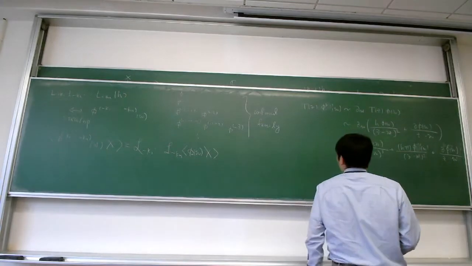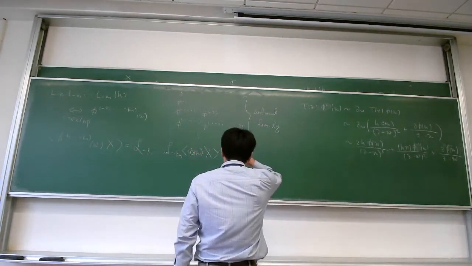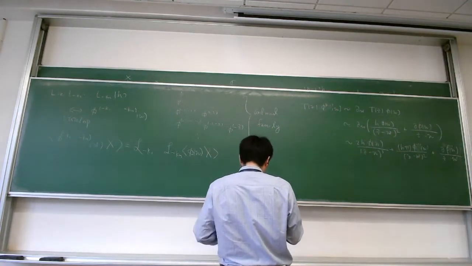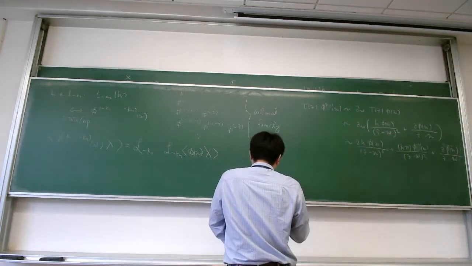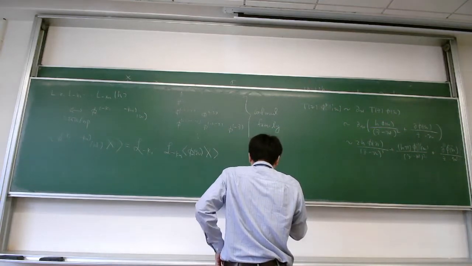Okay, so let's talk about the minimal model. In the minimal model, as I mentioned, the Hilbert space consists of finitely many irreducible representations, or highest weight representations, of your Virasoro algebra.